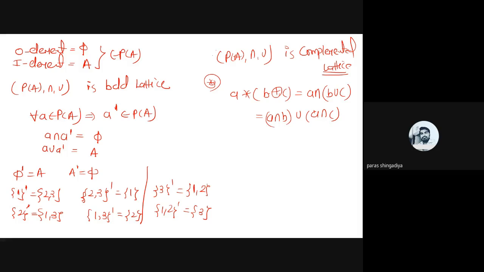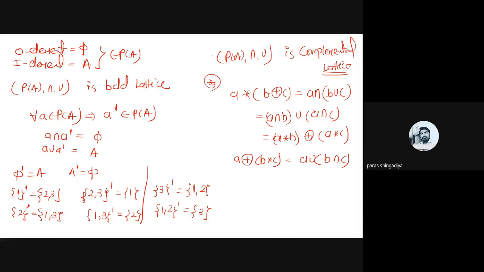If A intersection B union C, then you can write directly A intersection B union A intersection C, and that is equal to A star B ring sum A star C. Clear? That is the proof of the first one. Then the second one is A ring sum B star C, that is equal to A union B intersection C. Clear?